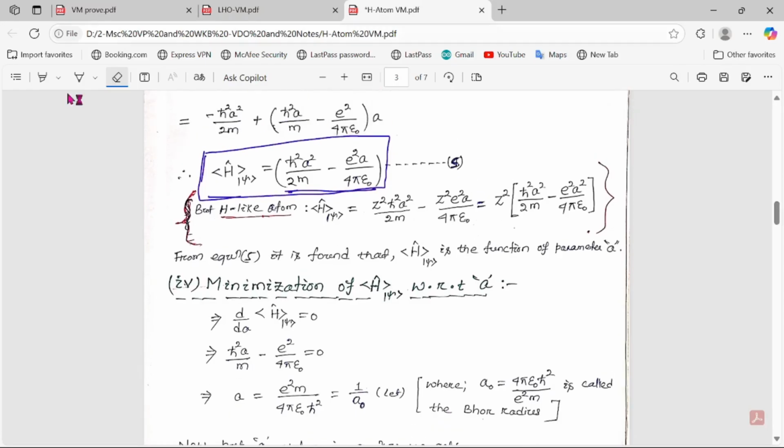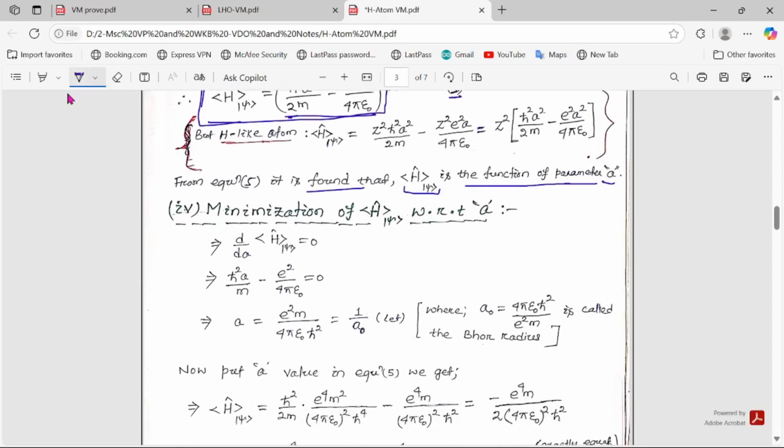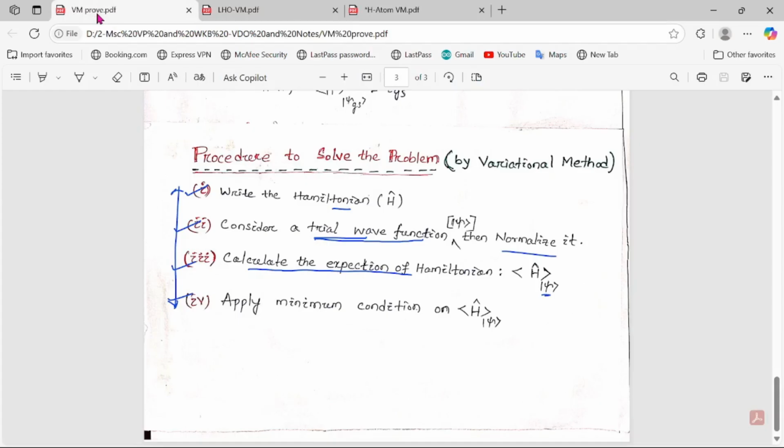Okay, from equation number 5, it is found that the expectation value of the Hamiltonian is a function of the parameter a. Now we are going to follow the fourth step. After completion of this step, we have to consider the fourth step.